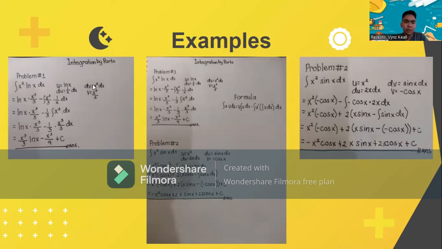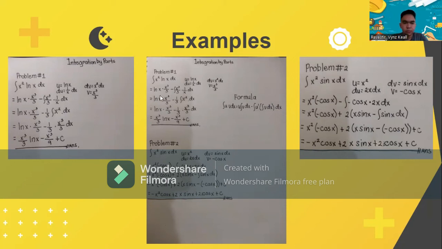And dv is equal to x squared dx and v is equal to x cubed over 3. Using this formula, the integral of u times v dx is equal to u times the integral of v dx minus the integral of u prime times the integral of v dx.